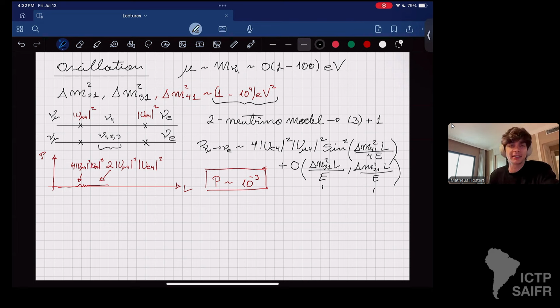But eventually, the phase evolution between these 3 states starts being different enough that you start being sensitive to standard model oscillations. So that's the general picture here.